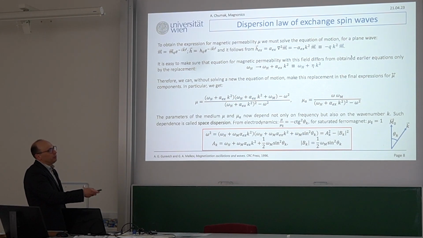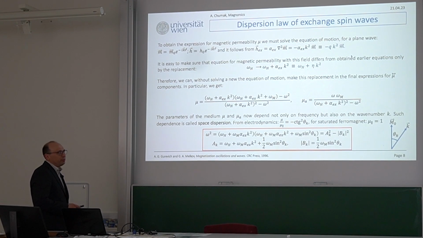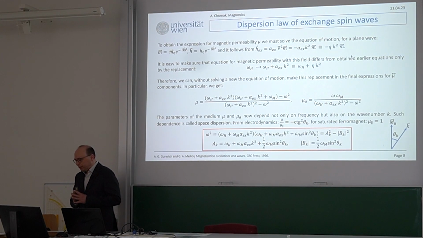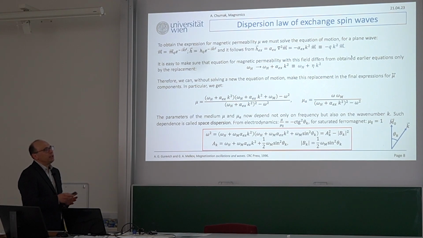So what is important is the angle between the magnetization, M0, and the direction in which the wave is propagating. And we don't consider here shape anisotropy or crystallographic anisotropy. It's infinite media. Therefore, only one angle matters between M and k.